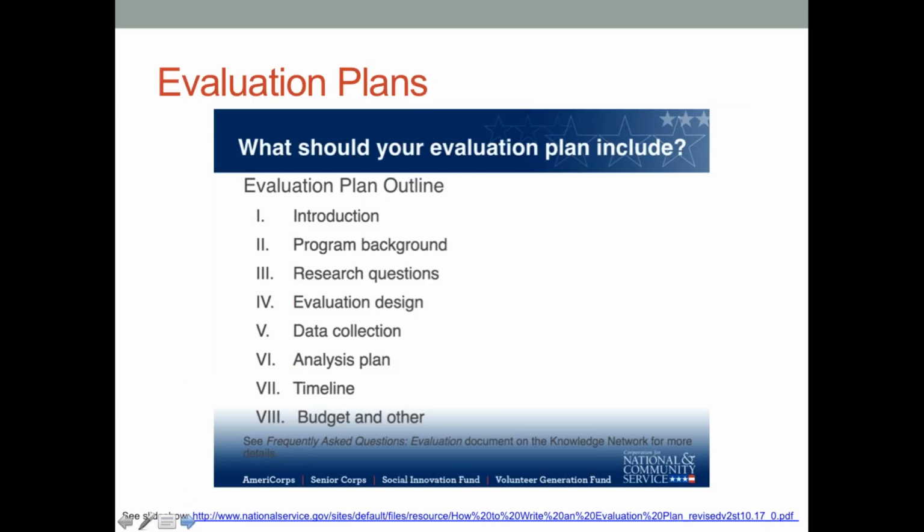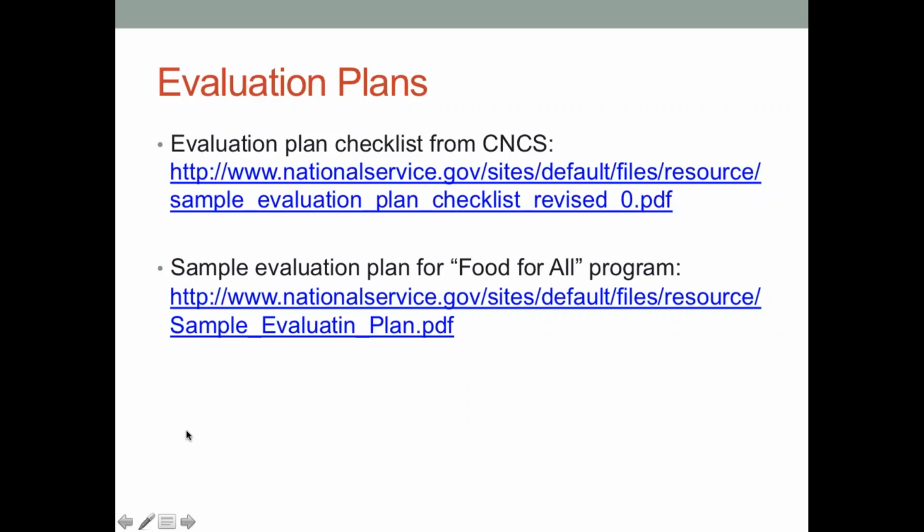Sure. Okay, great. So evaluation plans, these are links. I'm not going to go to them right now, partly because I'm afraid of what I won't be able to get back to on my desktop to show you slides. The evaluation plan checklist is in that first link, which is great. It helps you go through what you need to include in the actual write-up itself.